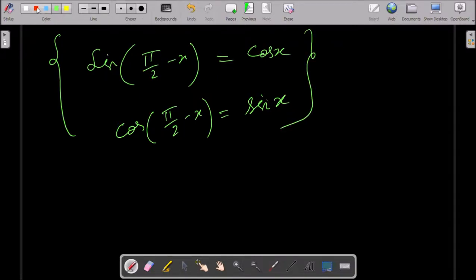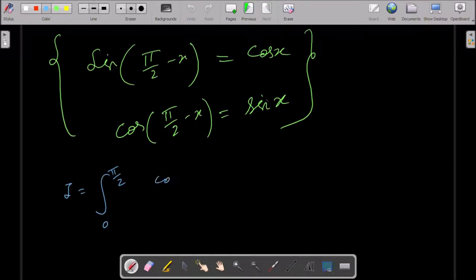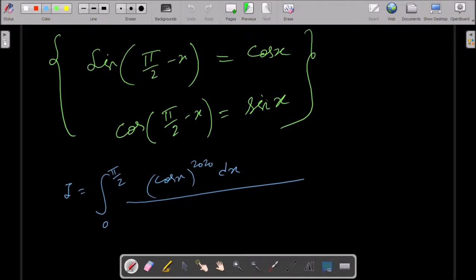So now I equals the integration from 0 to pi by 2. See, here was sine, so we write cos x to the power 2020, upon cos x to the power 2020 plus sine x to the power 2020.